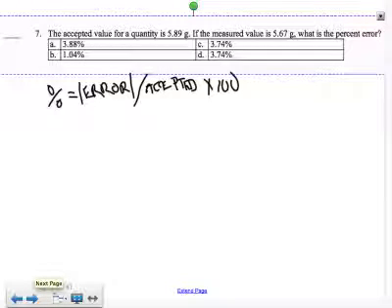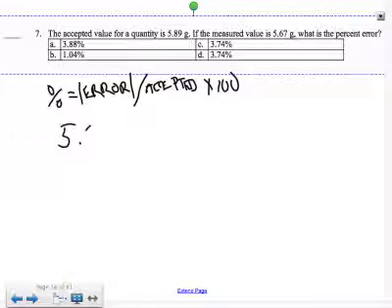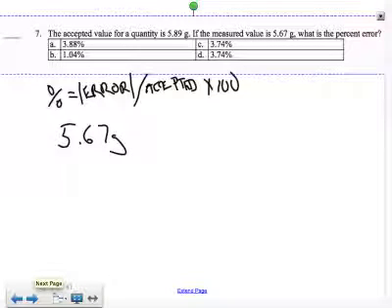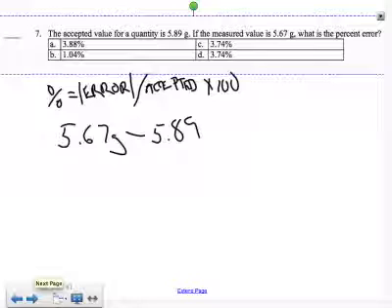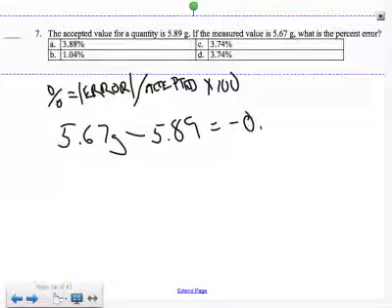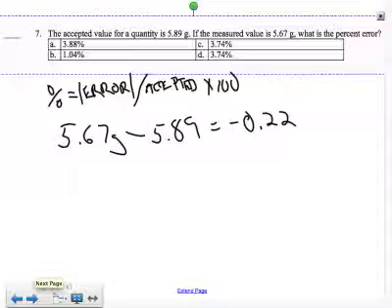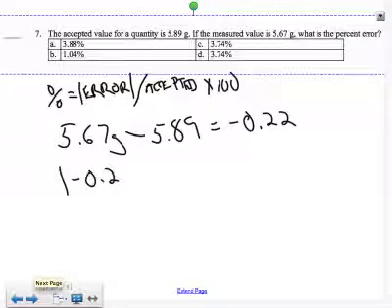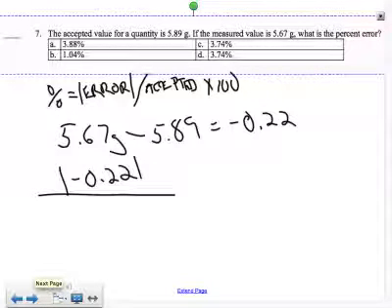So the measured value is 5.67, that's the experimental value, minus the accepted value, 5.89, gives you the error. The error in this case comes out to negative 0.22. So we take the absolute value of negative 0.22 divided by the accepted value, which is 5.89.